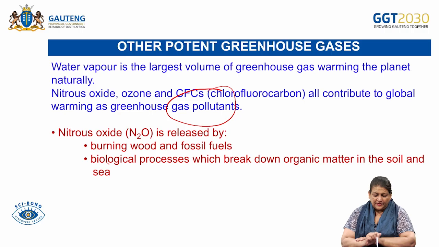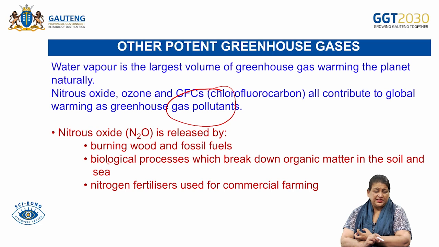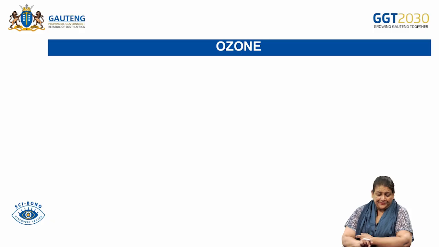The breakdown of certain waste in the soil releases nitrous oxide, and it comes from nitrogen. So you have your nitrates and your sulfates, which form part of the fertilizers. When farmers use those nitrates and sulfates, eventually when they react with the oxygen in the air, they form nitrous oxide, which destroys our ozone layer.